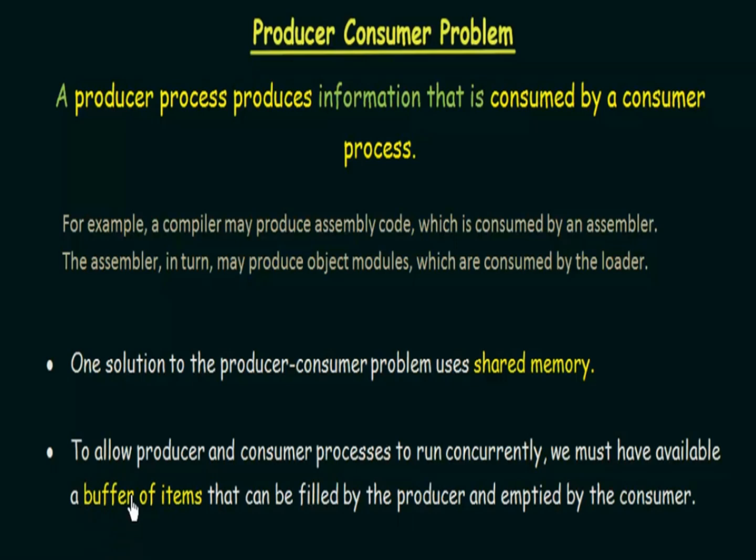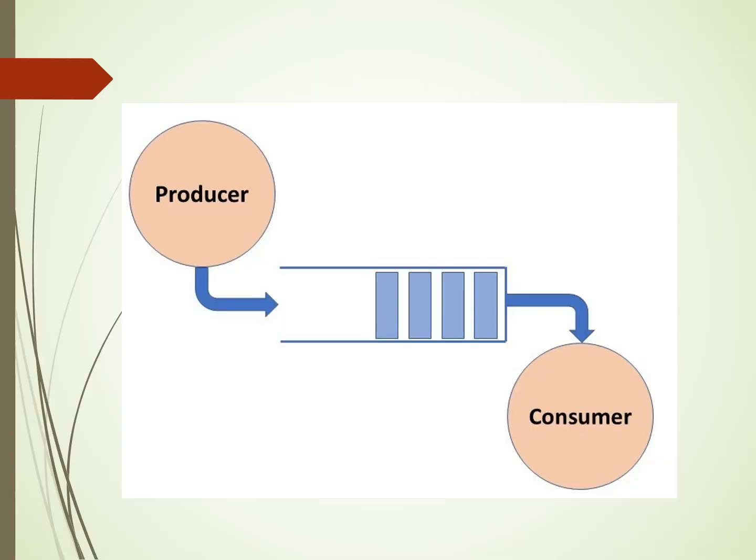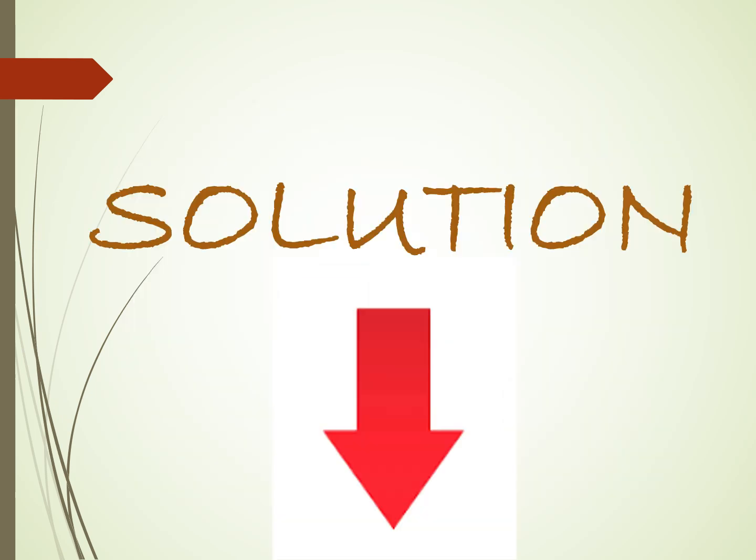Whenever the producer produces something, that should be consumed by the consumer. Here we have a structure for that. We have two processes, producer and consumer, and in between we have a common buffer. The producer produces something, the data, and that should be consumed by the consumer. When we have a common buffer, we have a problem of synchronization.